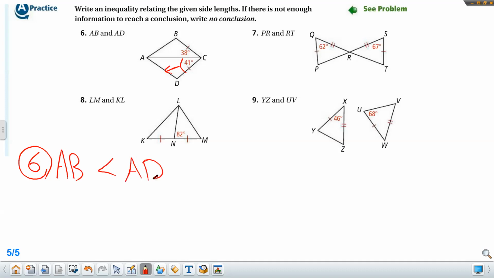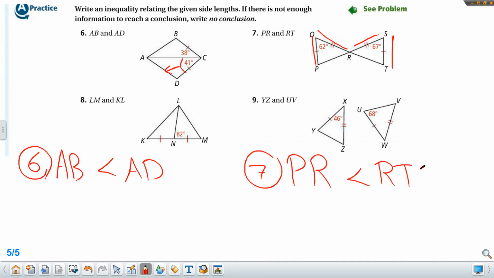Number 7: PR and RT. First, PQ equals ST and QR equals RS. What about the included angles? 62 and 67. So the side opposite to 67 degrees is bigger than the side opposite to 62 degrees. So RT is bigger than PR, or PR is less than RT.